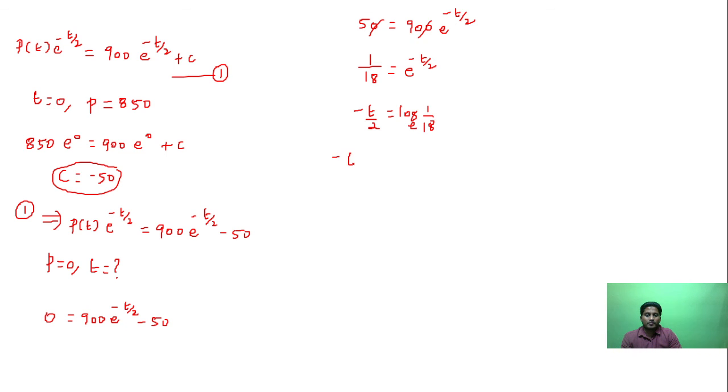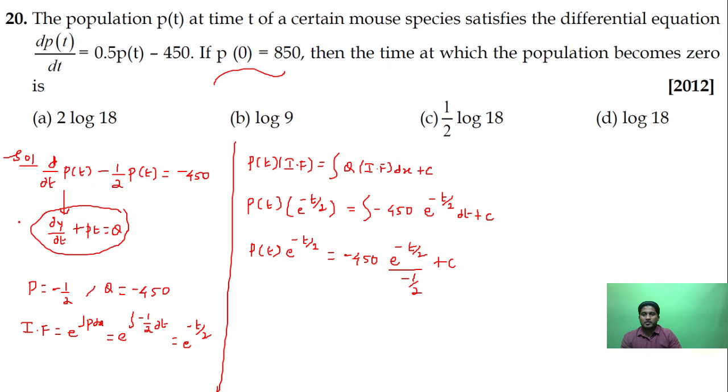So minus t upon 2 is equal to minus log 18. Minus cancels minus, cross multiply 2. Time will be equal to 2 log of 18 to the base e. That's the answer, guys. 2 log 18 to the base e, answer is option A. Thanks for joining, guys.